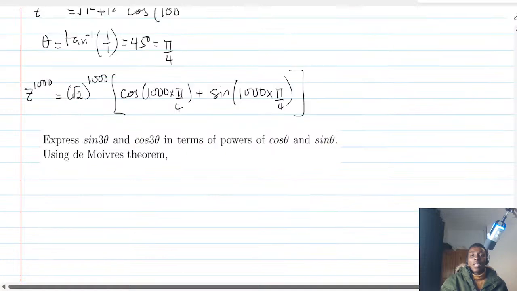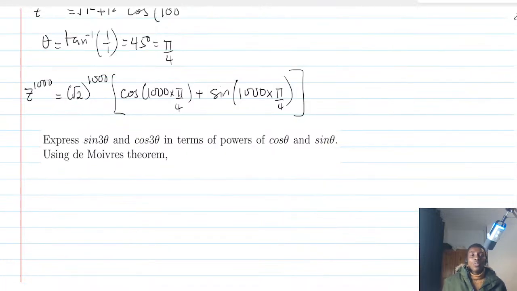Let's say you have been given a question like this: express sin 3 theta and cos 3 theta using De Moivre's theorem. So how are you going to do this?